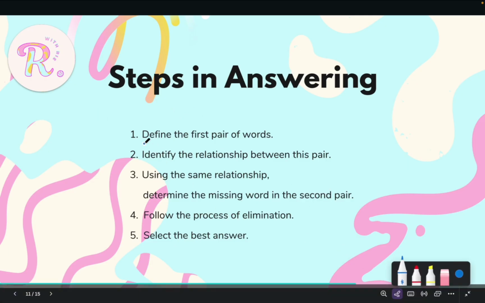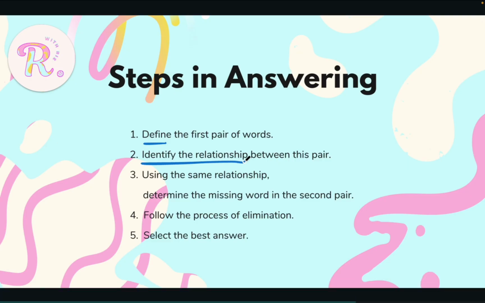So yeah, define. Next up, identify the relationship. Sometimes in the choices, it might come off as super easy because you found something and think, yeah, this is the answer. But if you don't narrow down the relationship, sometimes the choices have a word that is a synonym, an antonym, maybe another one that's part of whole, another one that's cause and effect. So you're going to be confused.